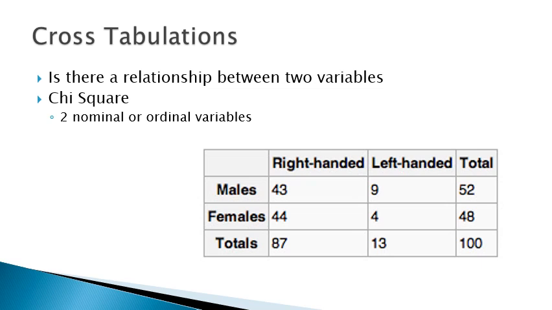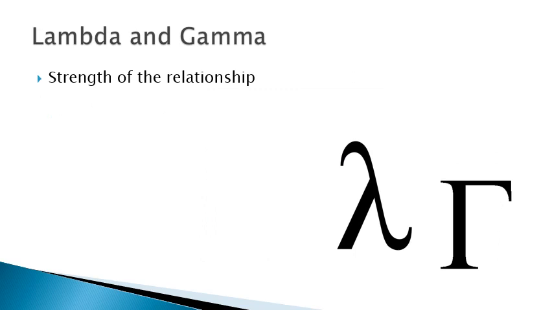Again, I'm going to simplify right now. Chi-square basically tells us if there's a relationship. But we need to turn to another calculation to find the strength of that relationship. So chi-square is going to tell us if there's a relationship between nominal and or ordinal variables. And then we have to turn to lambda or gamma to determine the strength of the relationship.